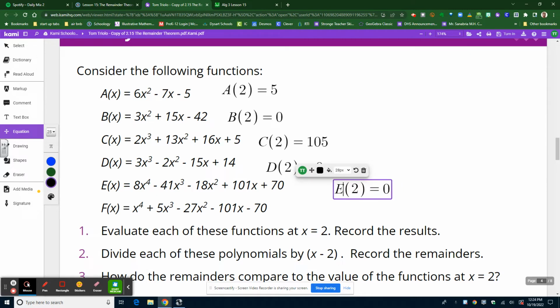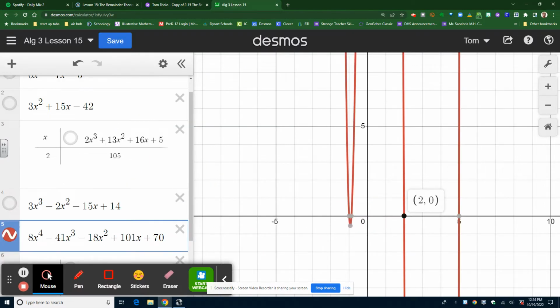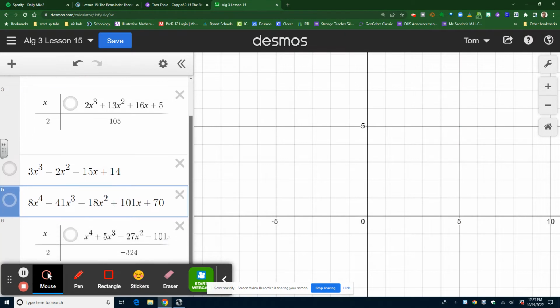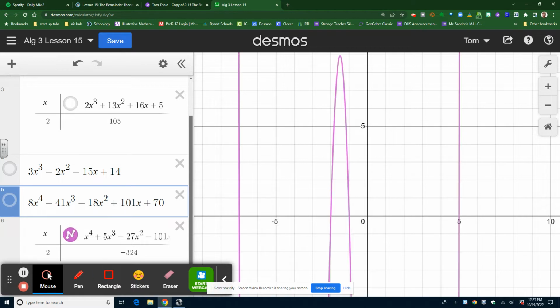Did anybody get the next one? What was it, Joseph? Yeah, so you go here. You plug in 2. That's going to be a very large negative number. Okay, mostly because of that 27x squared. You're subtracting 27 times 2 squared. That gets kind of big. And then you're subtracting 101 times 2. So 324. So it literally drops down.